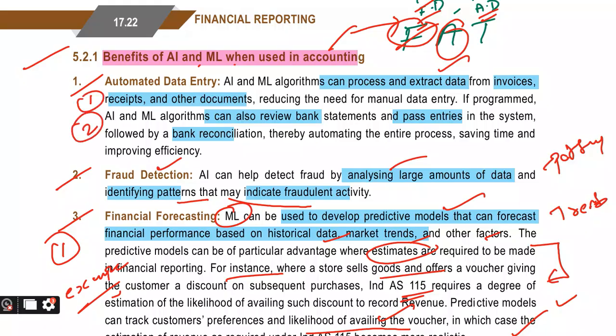Second point, it is also used in the bank, reviewing the bank statements and passing the entries in the system, followed by bank reconciliation, etc. This point you can add on. So two points you can remember. One is extracting the data from invoices, receipts, and other documents, reducing manual entry. Second is related to the bank: review of bank statements, passing entries, bank reconciliation. So this is automated data entry.